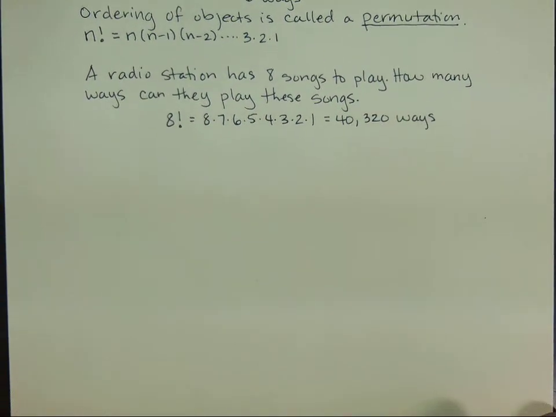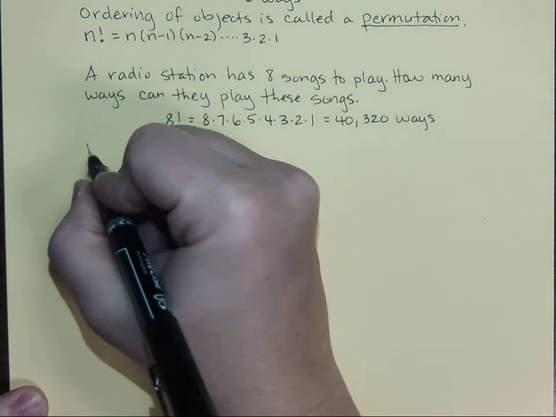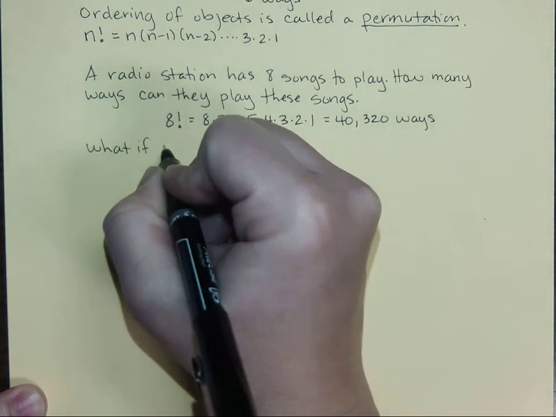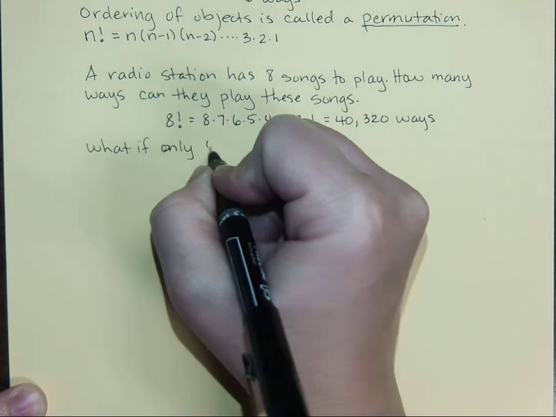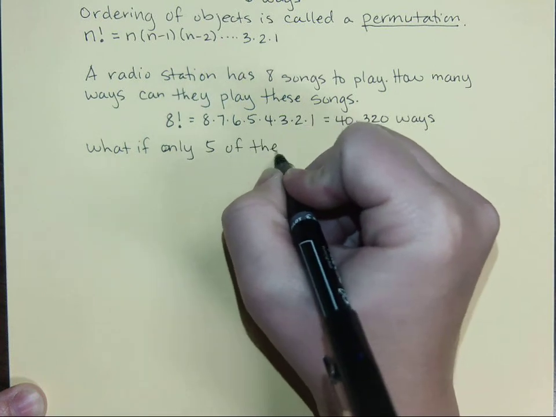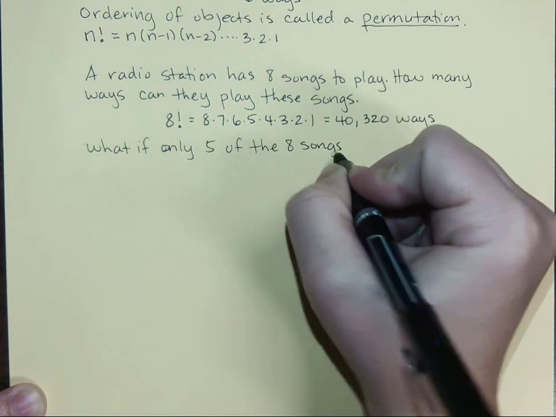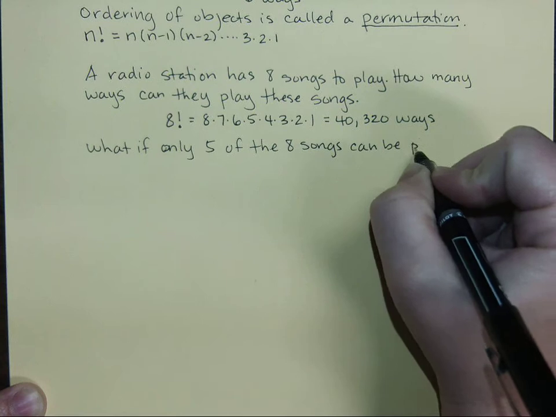Well, now, what if the DJ starts to have too much of a conversation and they can only play 5 of those 8 songs? So what if only 5 of the 8 songs can be played?